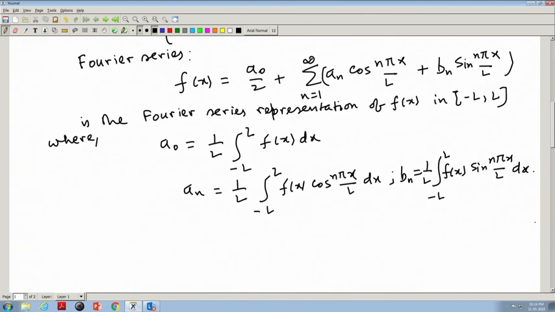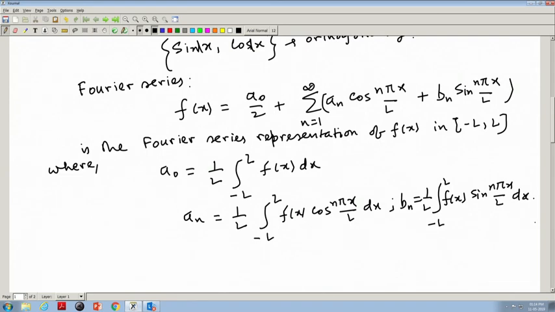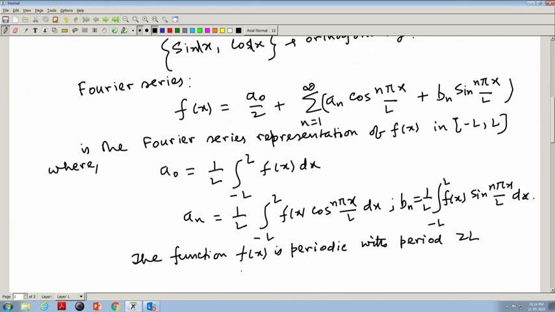Now, within the interval minus L to L, what we have assumed is that the function f(x) is periodic with period 2L. That means we have extended the function f(x) beyond minus L to L in this manner: f(x plus 2L) is equal to f(x).